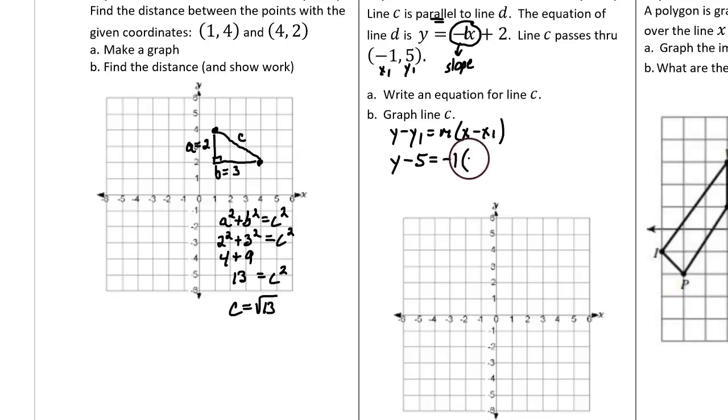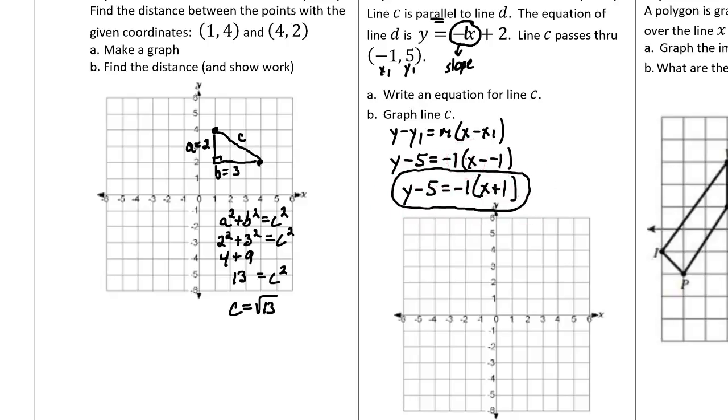And then in the parentheses, x minus -1. Okay, this is our equation, except we have this negative side by side in here, and we can fix that. So we'll rewrite this as y minus 5 equals -1 times x plus 1. This is the answer to question A.